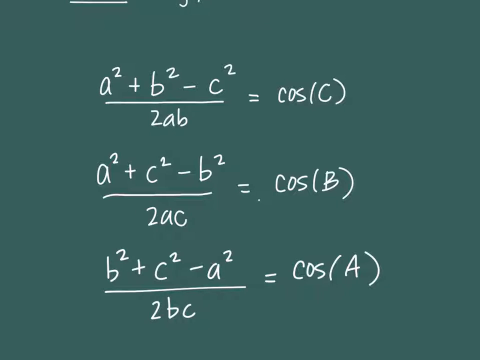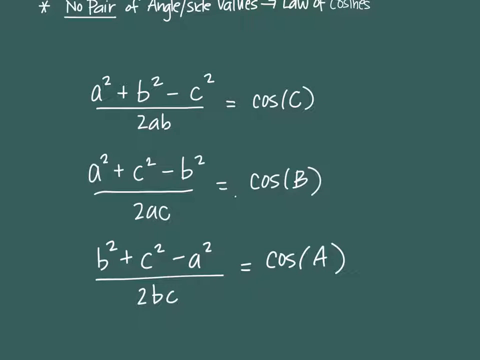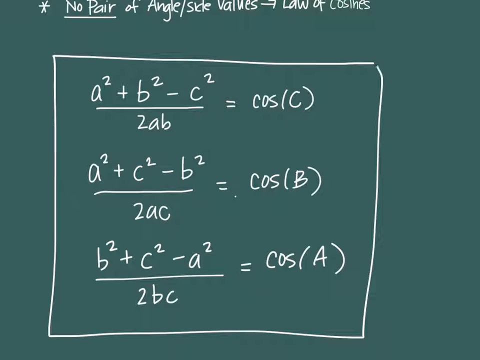Just make sure you match the subtraction part to the cosine part. Okay, these are called the laws of cosines. And this is what you do when you don't have a pair.